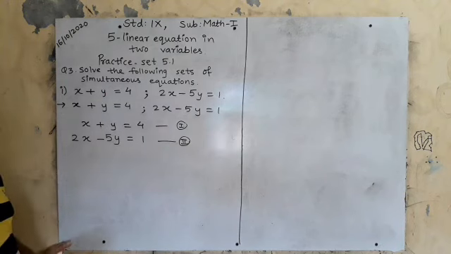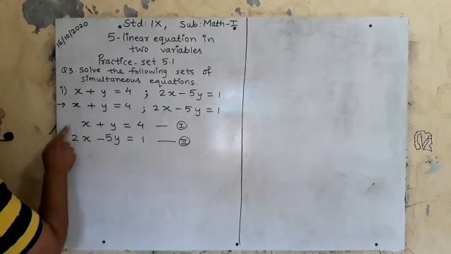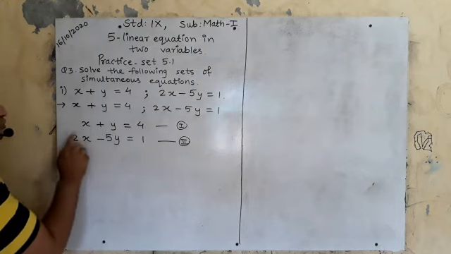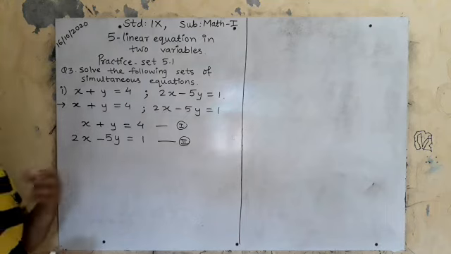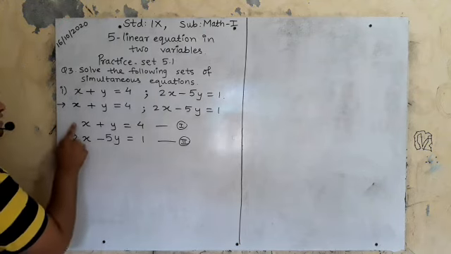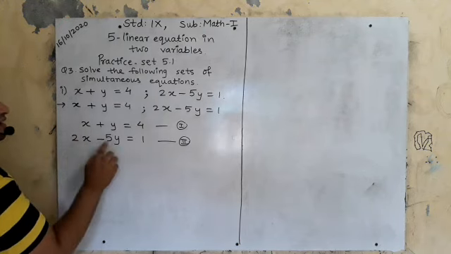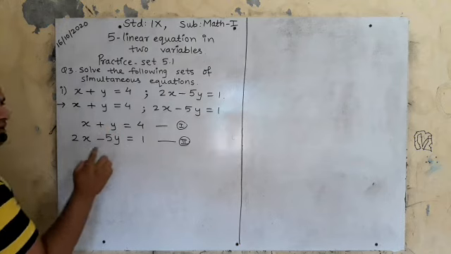My dear students, to solve simultaneous equations we have to make the coefficient of any variable equal. See here, 2, so you can make the x coefficients equal and cut x. Here 5, you can take 5 and cut.